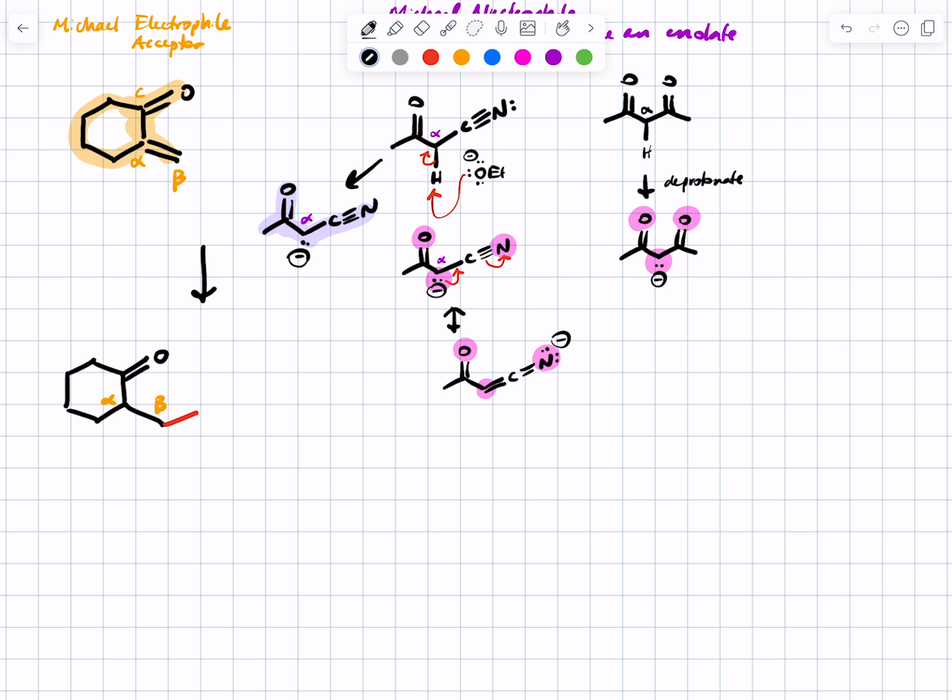So this here is going to be the purple alpha carbon. That alpha carbon is attached to a CN group and a ketone. And I'm done. That is the product of the Michael reaction between those two starting materials.